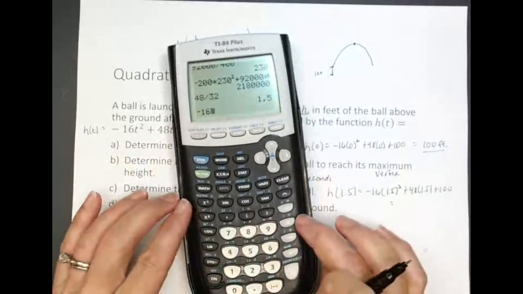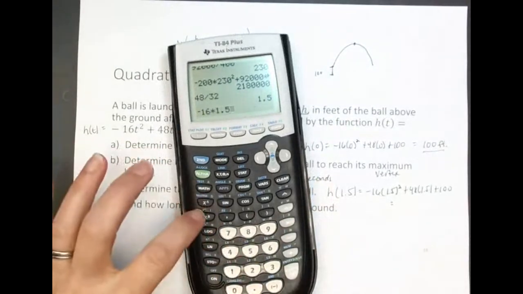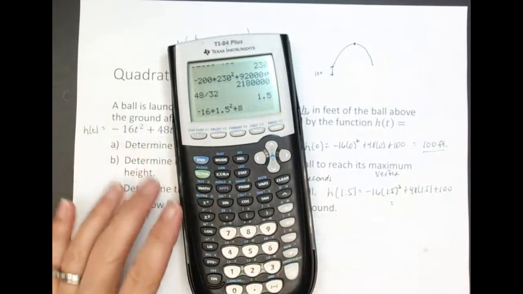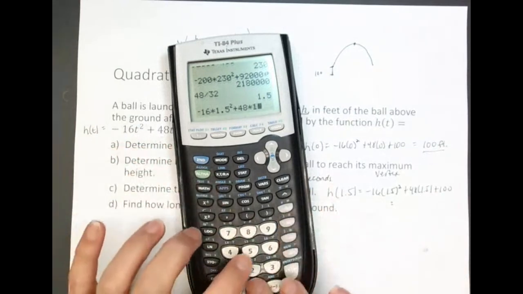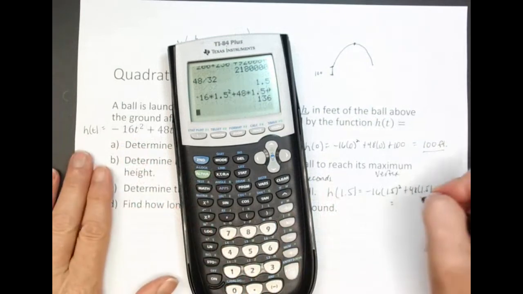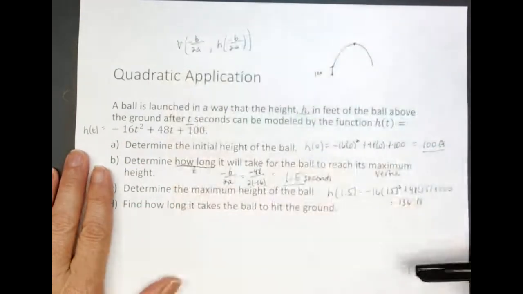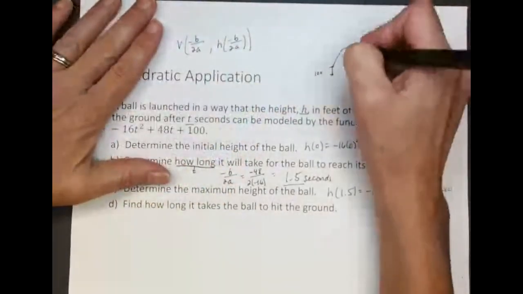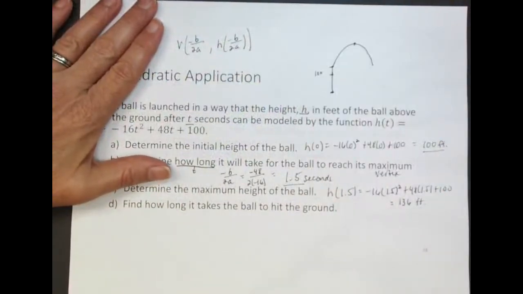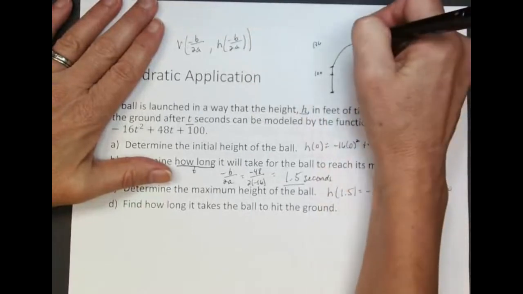Negative 16 times 1.5 squared plus 48 times 1.5, and then plus the 100. It's 136 feet. Makes sense? Started at 100 feet, went up, and I don't have this drawn to scale very well, do I? But that's okay. It starts at 100 feet, it goes up here to 136 feet.